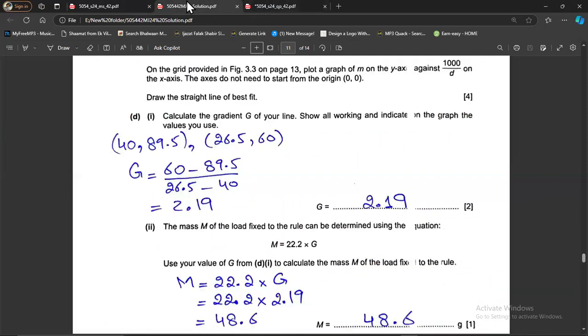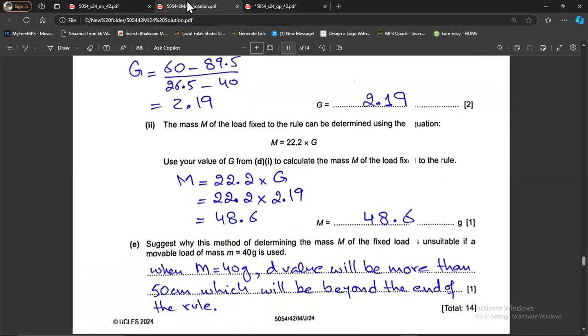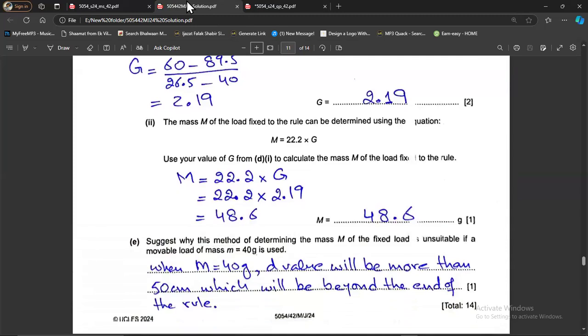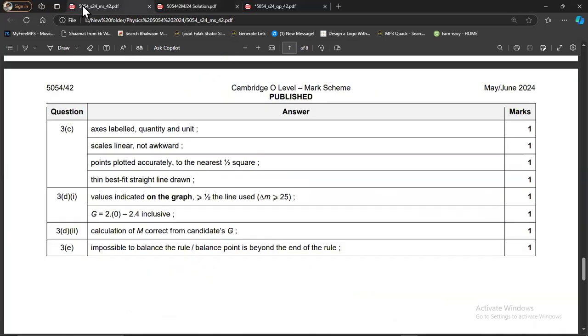M is that mass which was on the left side. They have given us the formula to find its value: 22 times G, where G is that gradient. So 22 multiplied by 2.19 is 48.6. So we think the mass which was on the left side is 48.6. So our answer is right. You can look at the marking scheme here.